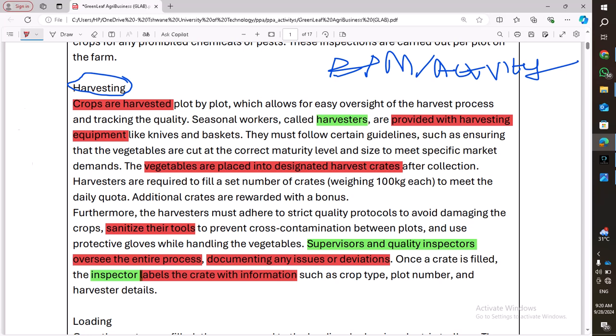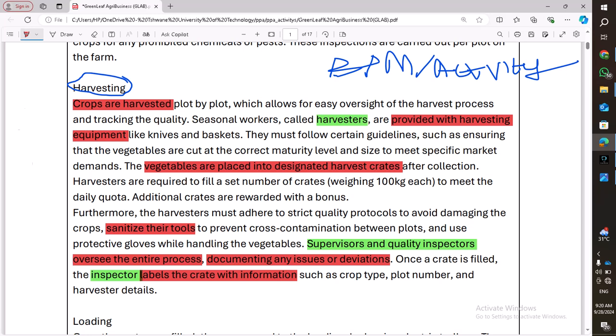Harvesters are required to fill a certain number of trays to meet the daily quota. Additionally, trays are rewarded with a bonus. Furthermore, they adopt a strict quality protocol to avoid damage. They sanitize their tools to prevent cross contamination between plots and use protective gloves while they handle the vegetables.